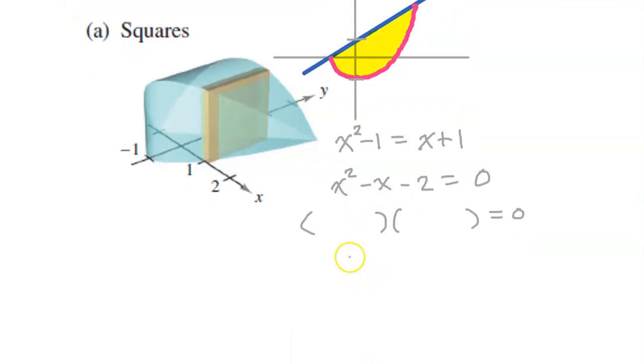X squared will only factor as x times x, and 2 will only factor as 1 times 2. To get a middle term of -1x, we need x plus 1 and x minus 2. Using the zero product property, we have x is equal to -1 and x is equal to positive 2. So these are the x coordinates of the intersection points.